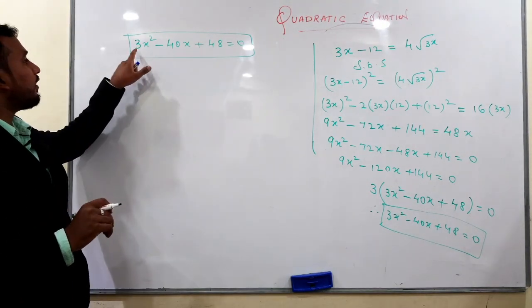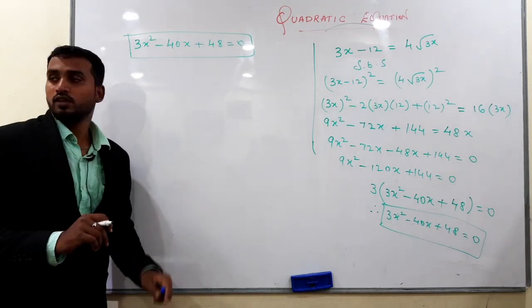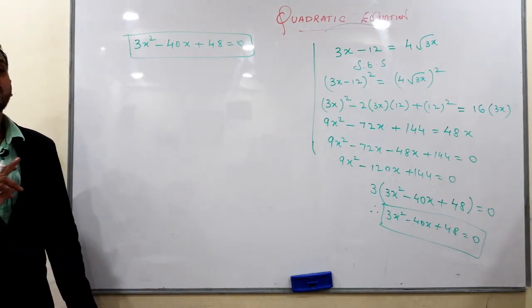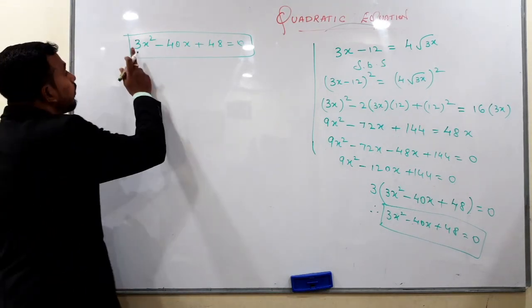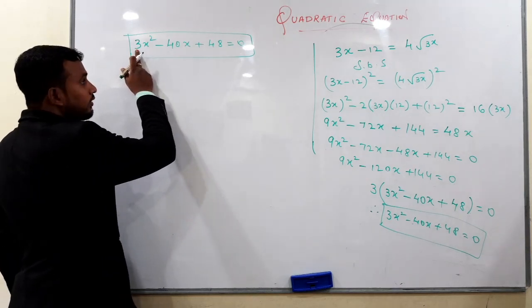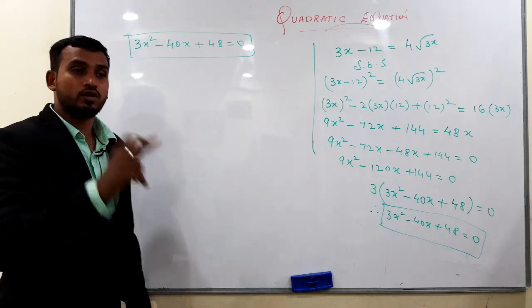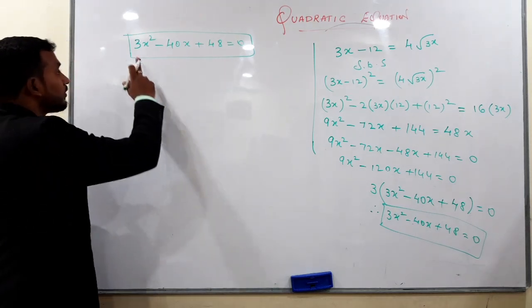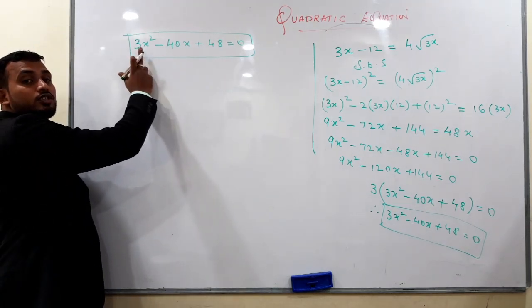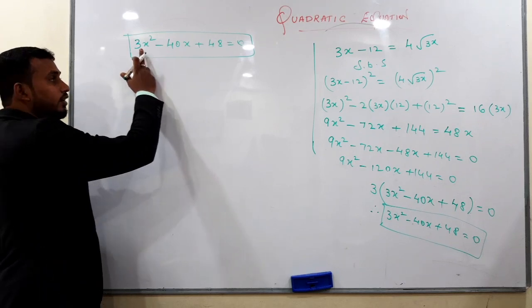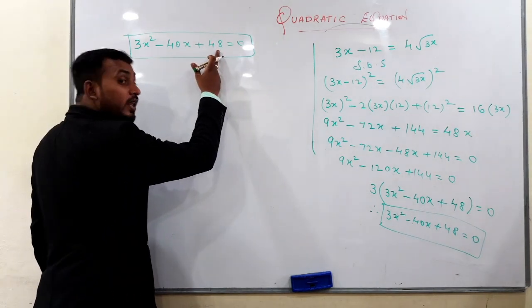First multiply first term with last term. What is first term? 3x square. It is plus 3x square. What is the last? Plus 48.